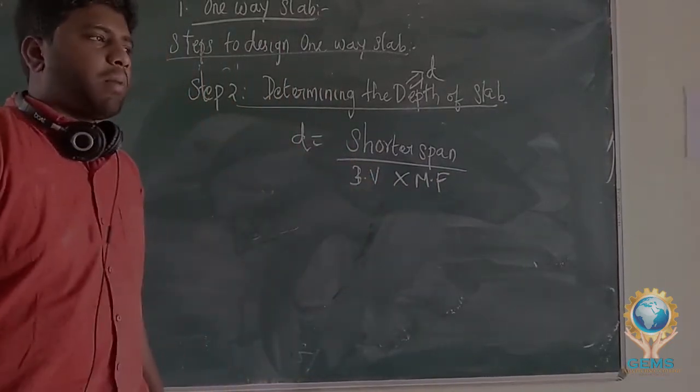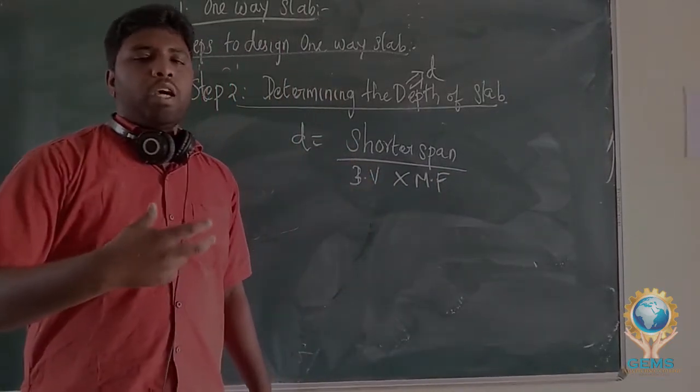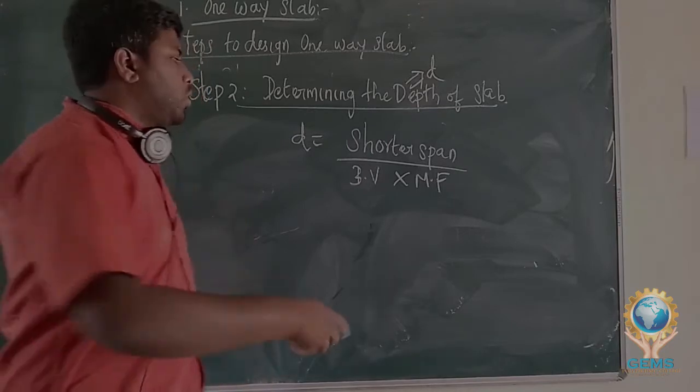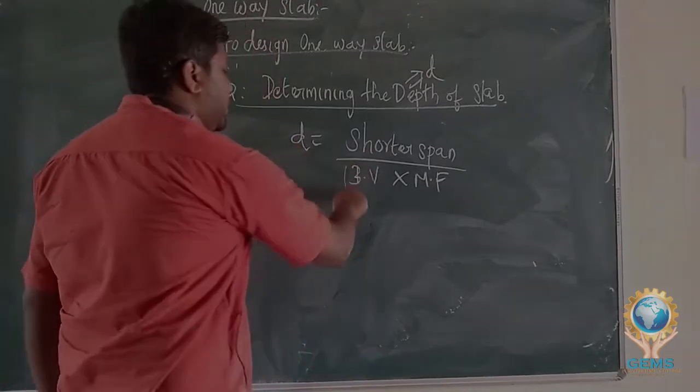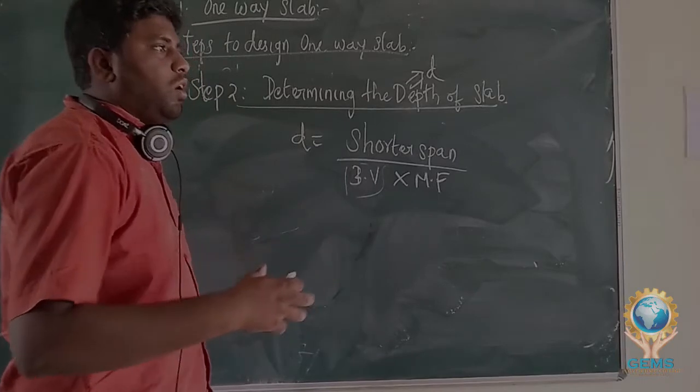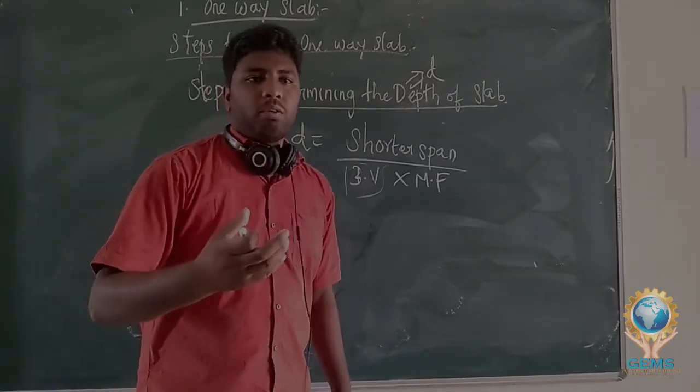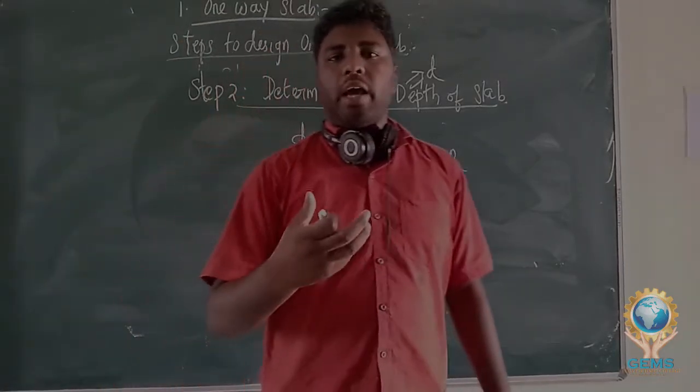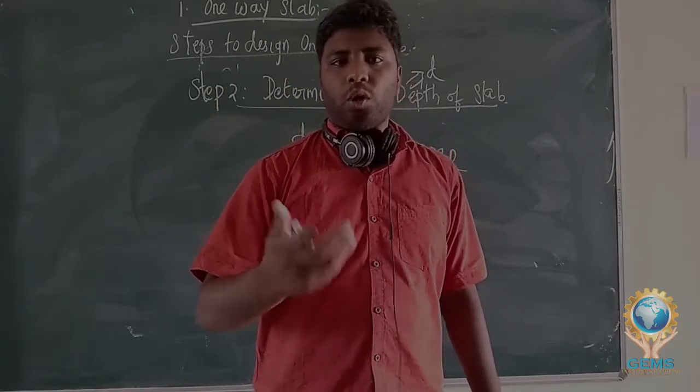The modification factor is the factor which we apply for safety. The basic value is the value given for the supports. The supports may be either cantilever, simply supported or continuous.